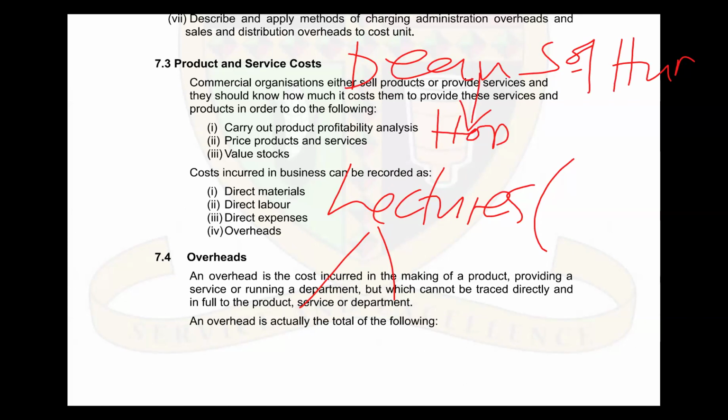Under the HOD, there are these lecturers. So we have salaries paid to the lecturers, and salaries paid to the dean of students. The question of the day is, amongst the two, who is directly linked to the product that you're producing?